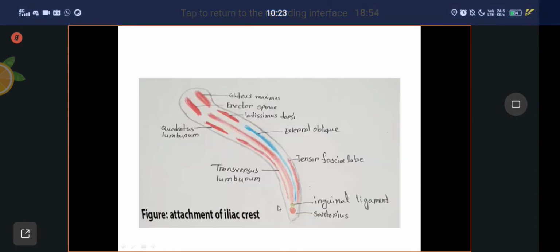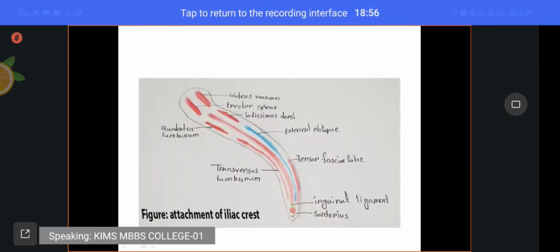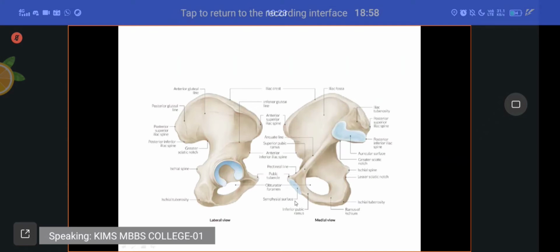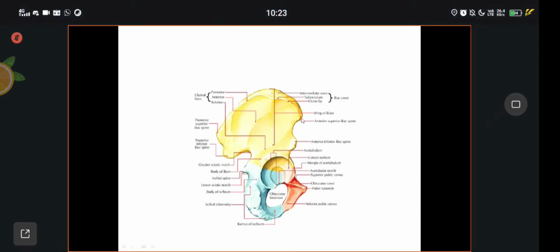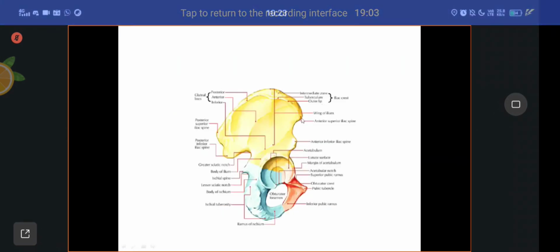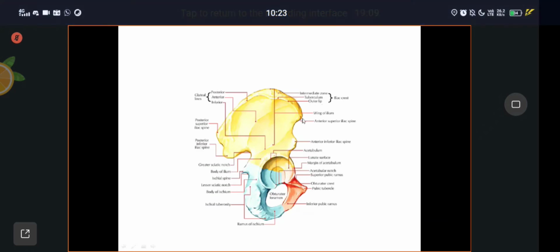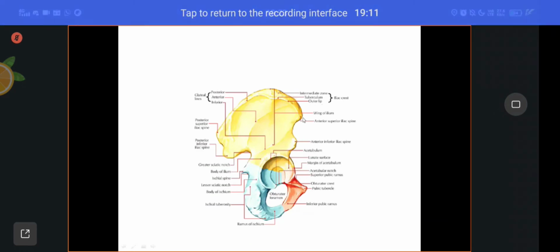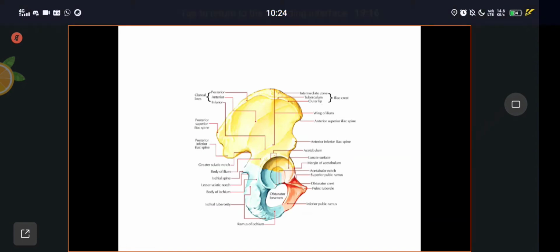Then, coming to the anterior superior iliac spine, which you have studied, this is the anterior superior iliac spine. It gives origin to which muscle? The sartorius muscle. Where is this muscle?